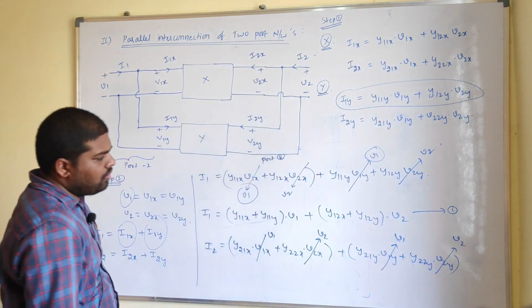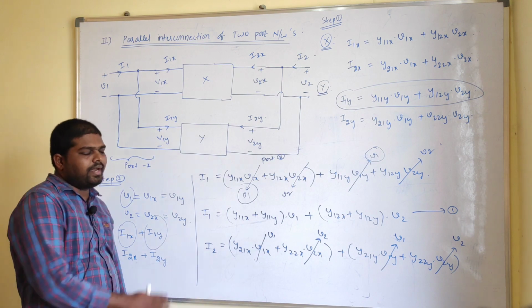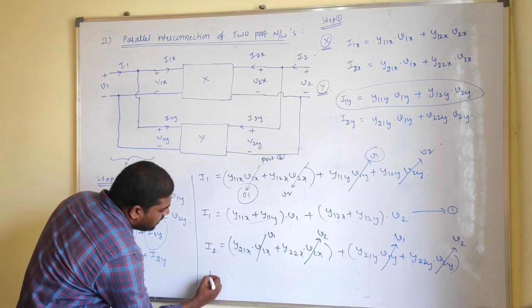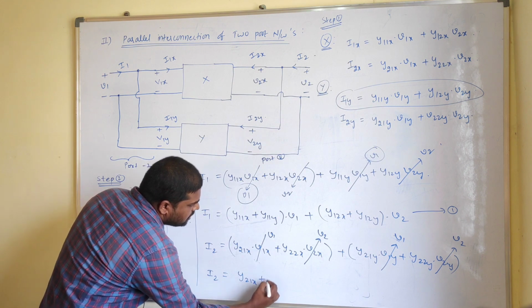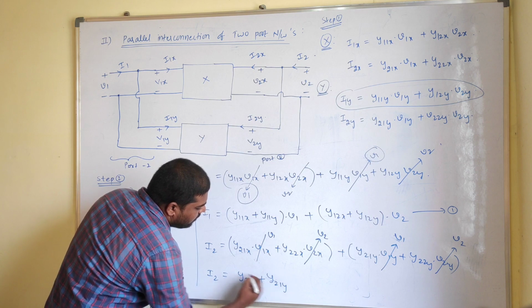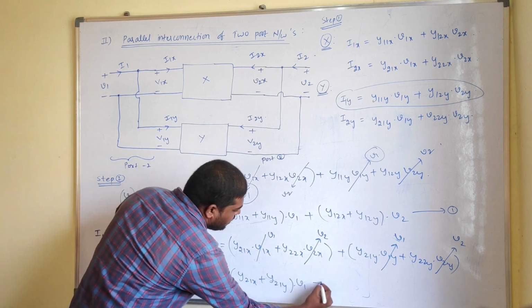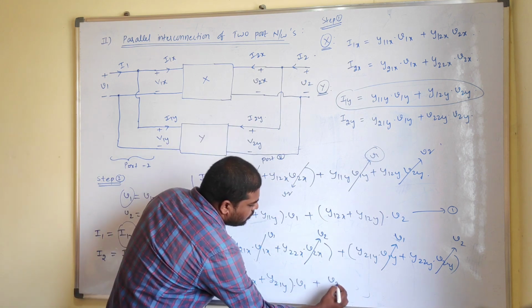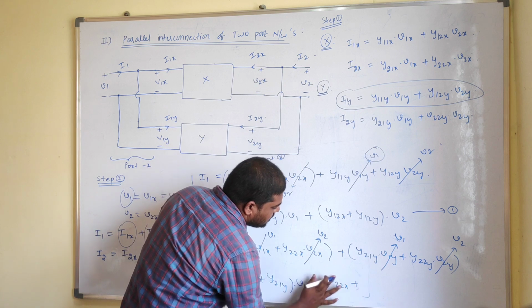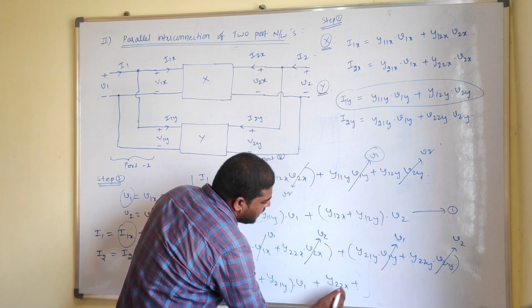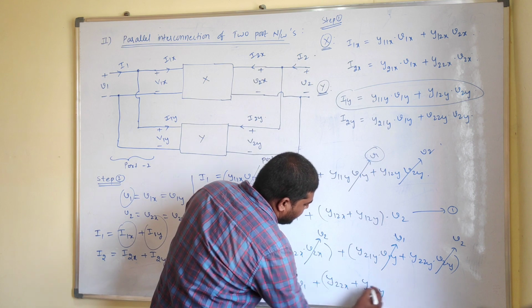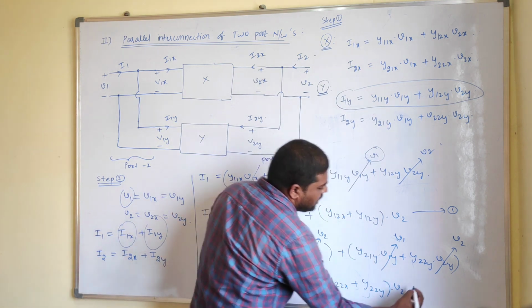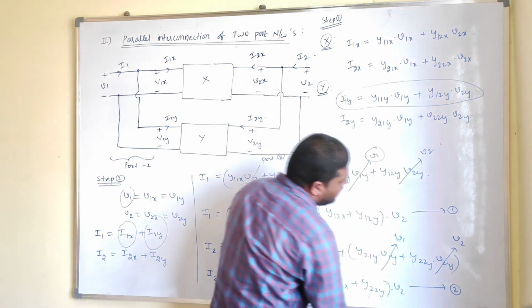We have two V1s and two V2s, so you can take common. Then I2 equals (Y21x plus Y21y) into V1 plus (Y22x plus Y22y) into V2. This is the second expression.